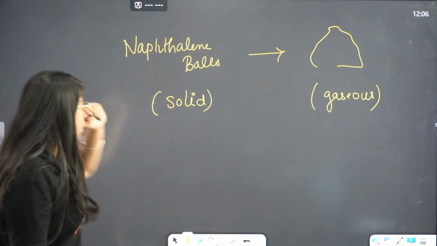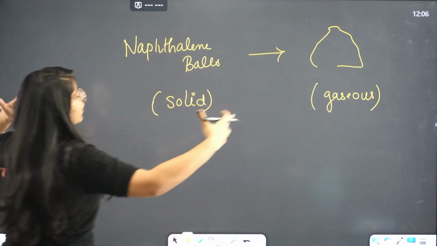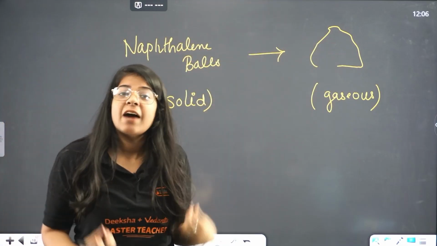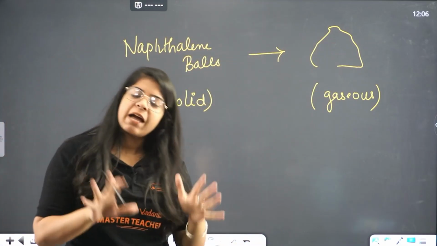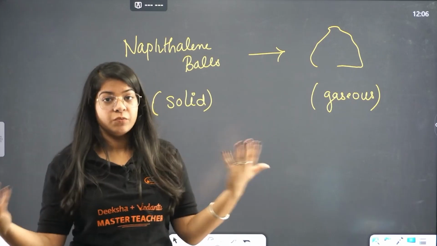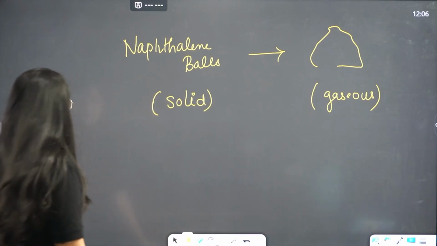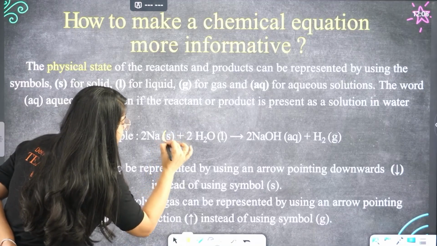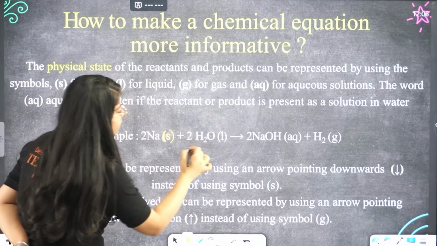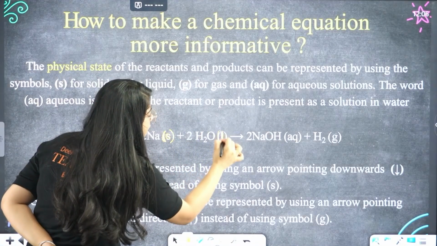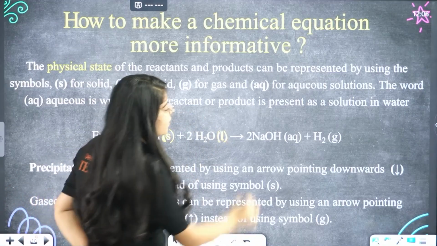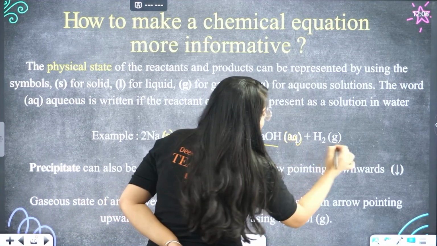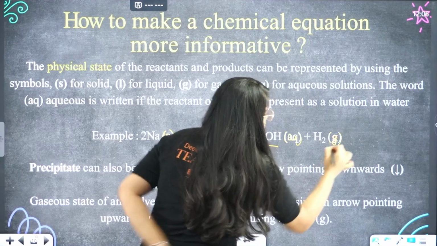Now how will we know that naphthalene balls were a gas, or this was air or liquid? We have to define it, right? For naphthalene balls we know, for all other things we don't know. So whenever we write a chemical equation, we specify that it's a solid, we specify that water is a liquid, we specify that NaOH is an aqueous solution, we specify that H2 is a gas.